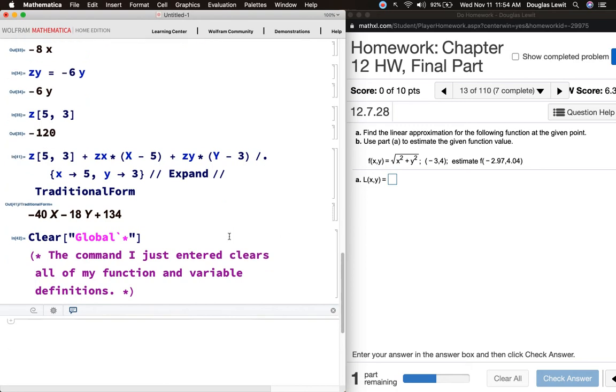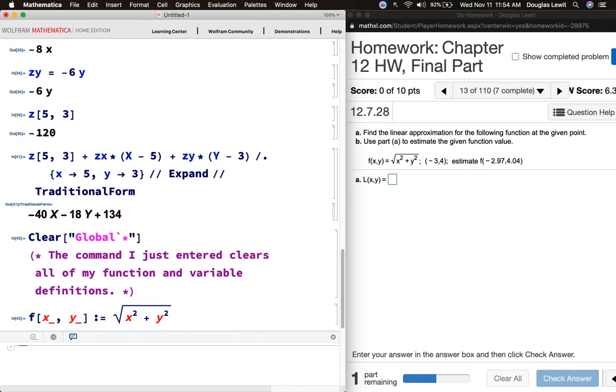So let's see. We have f of x and y is equal to Control-2, which gives me the radical symbol, x squared, or I could do Control-6, x squared plus, Control-6 again. Okay, sensational.